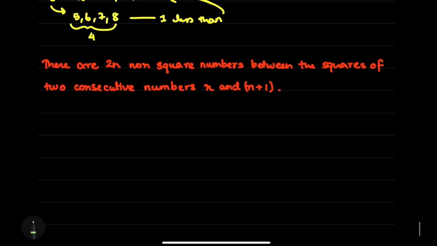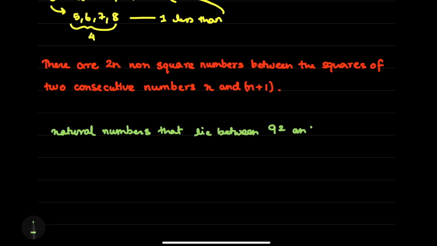A question that can come out from this could be: how many natural numbers lie between 9 square and 10 square?